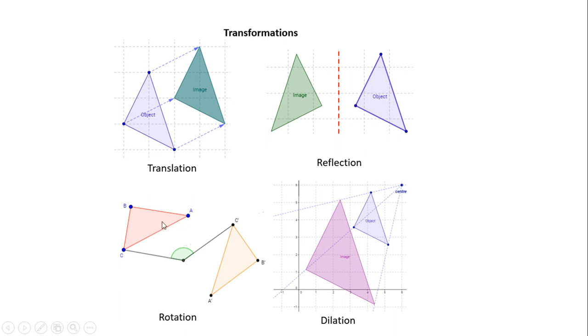Here this is a rotation. We take this image and we rotate it about this fixed point to get this. And then this one is the dilation. Here's the center of enlargement or center of dilation, and we make this image bigger. We expand it, make it bigger.